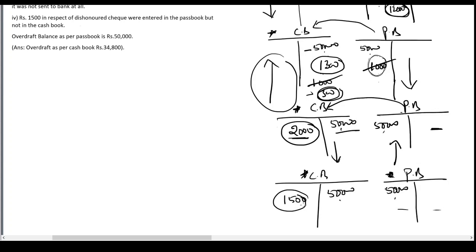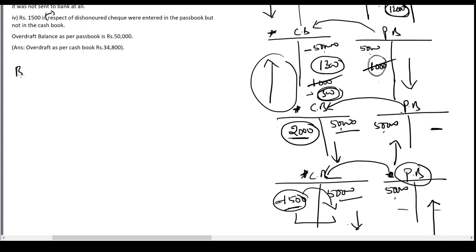If the dishonor was informed to us before 31st March 2021, we would have credited cash book and cancelled this entry in our books. But this did not happen. Okay. So now what will happen because of this? Because of this, the cash book balance has reduced. Because we started with a credit, there is a debit, so balance will reduce. Passbook balance is relatively higher. So what should I do to the passbook to make it equal to cash book? I have to reduce it by 1500 rupees. So this 1500 would be minus.